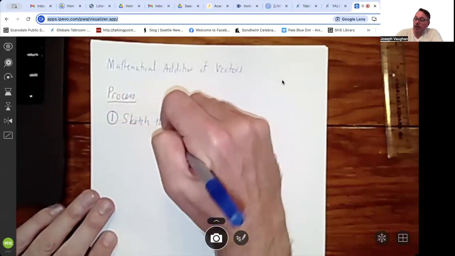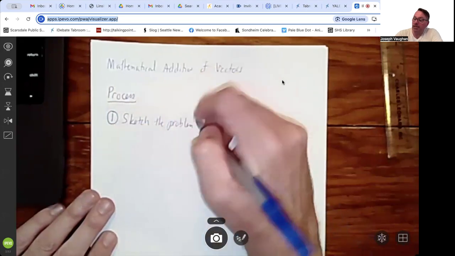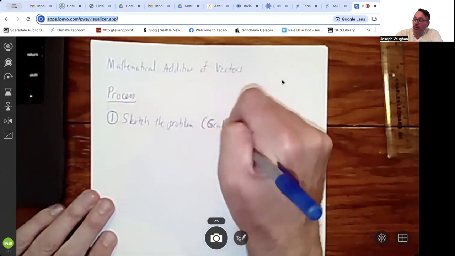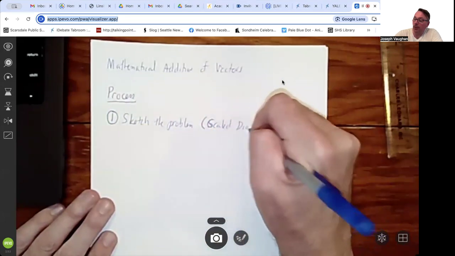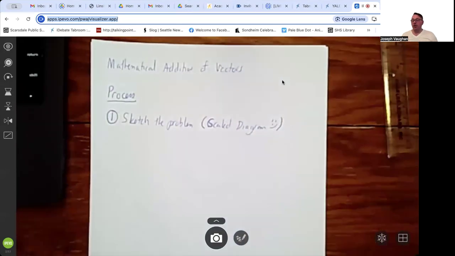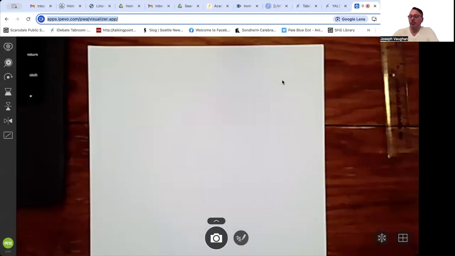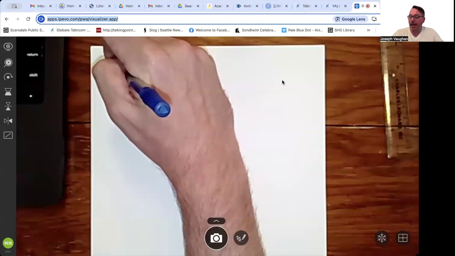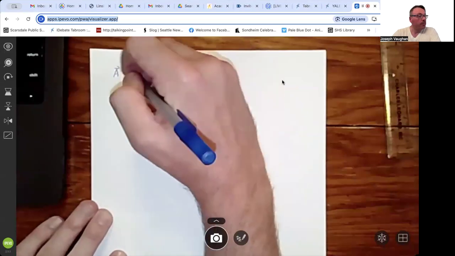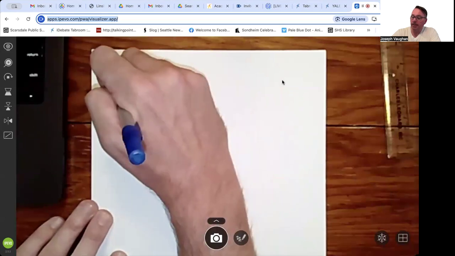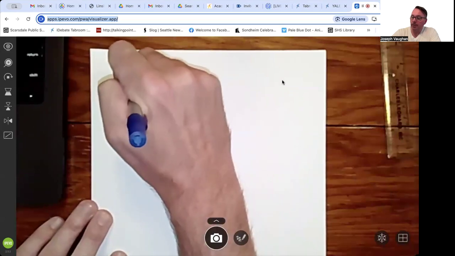Right now, I would say that a scaled diagram is the gold standard, but if you're not going to do that, you're at least going to sketch the problem. So going back to our original problem, let's say A is 5 meters east and B is 2 meters west.